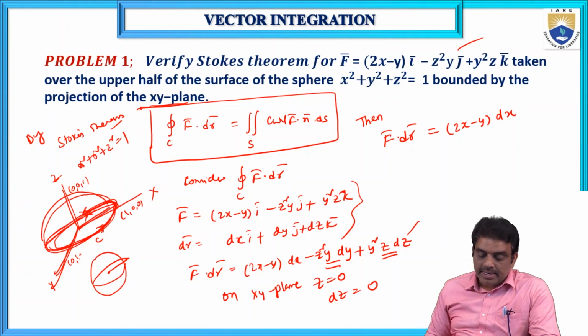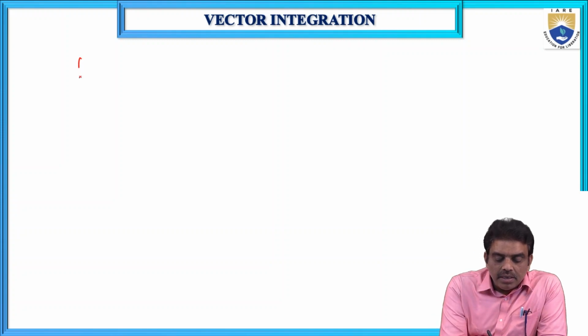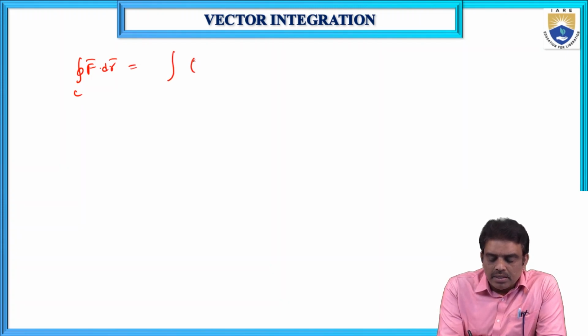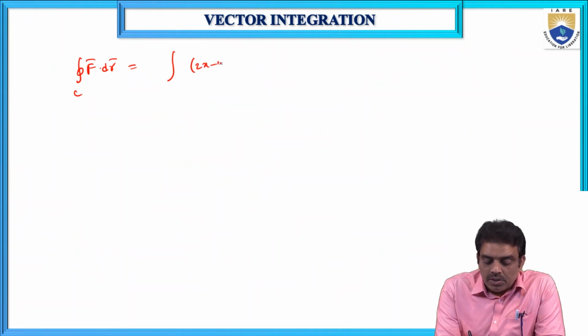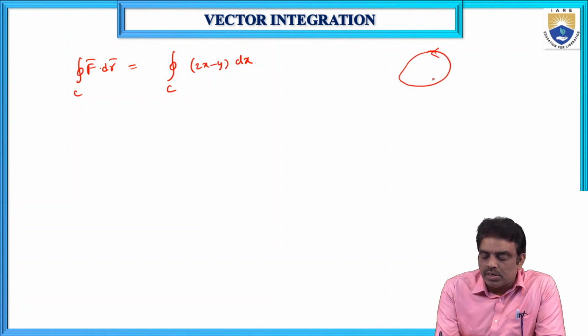Now I will write the integral of f bar dot dr bar along the closed curve C equals the integral of (2x minus y) dx over the closed curve C. So what is the closed curve? The closed curve is a circle.